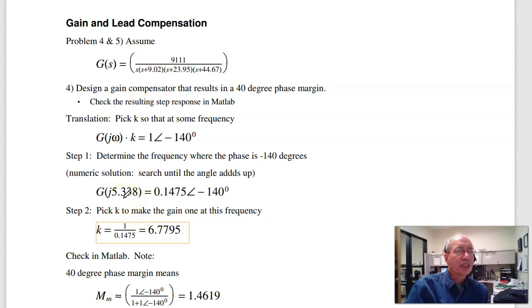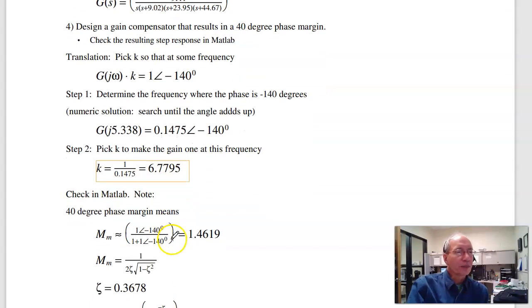You can get that by guessing in MATLAB, or in my calculator, I've got a Newton's method programmed in. It iterates using Newton's method until the error is less than 0.001. It gives you the frequency where the phase is minus 140. At that point, I want the gain to be 1, so pick K to make the gain 1. K is 1 over 0.1475, so there's K.